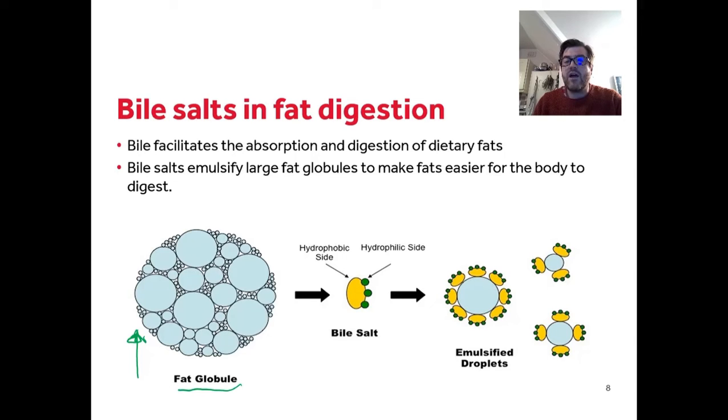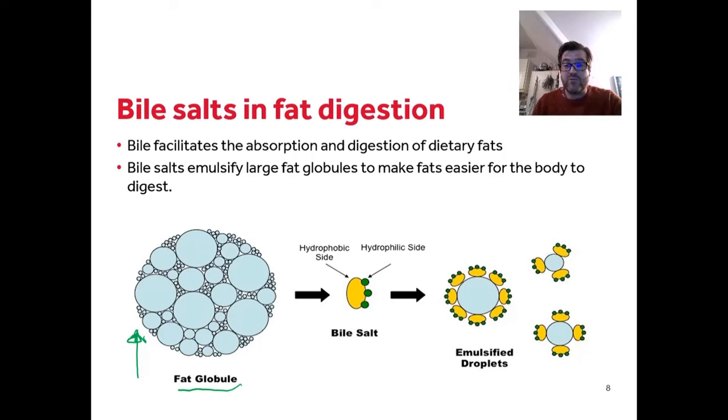Clearly those large fat globules are not easy to digest. Think of it like mixing fat with water: just large droplets, not mixing with the aqueous environment of the gastrointestinal tract and also the blood.